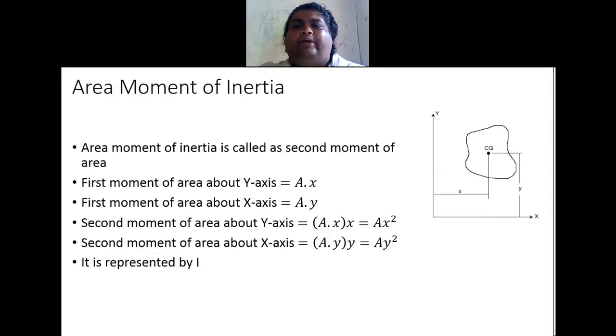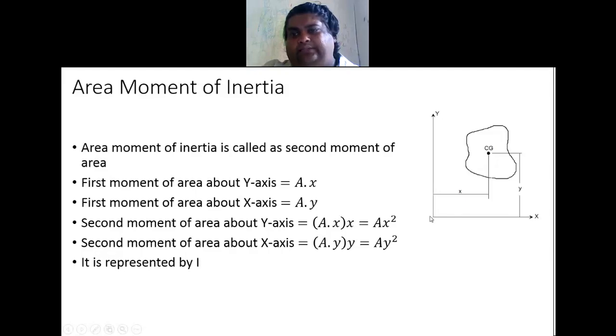See, moment means anything multiplied by perpendicular distance is called a moment. It can be force, it can be area, it can be anything. So here we are taking the moment of area. And second moment, we will try to understand. Now the first moment of area about the y-axis is A into x.